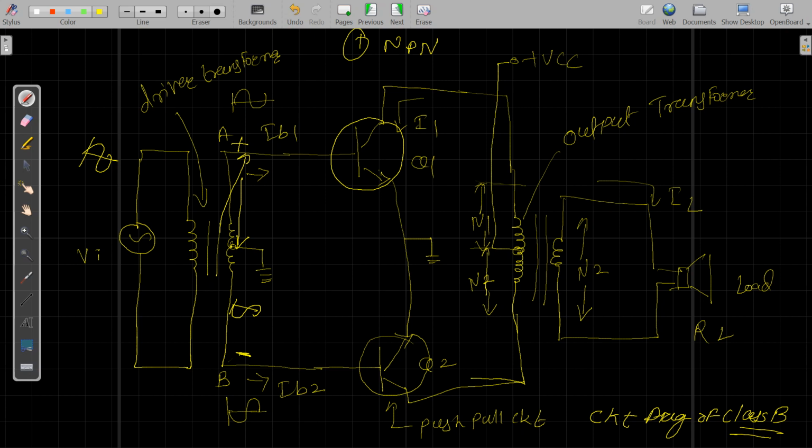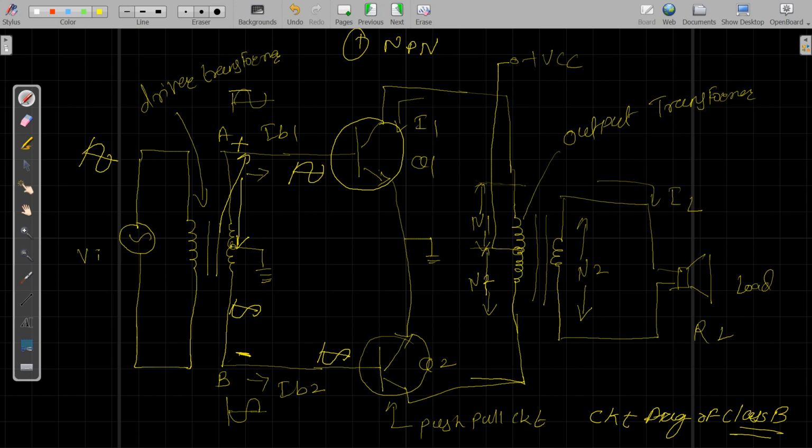Thus the voltages in the two halves of the secondary of the driver transformer will be equal in magnitude. That means it is plus 5, this is minus 5, equal in amplitude but with opposite polarity. Therefore the input signals applied to the bases of the transistors Q1 and Q2 will always be 180 degrees out of phase.